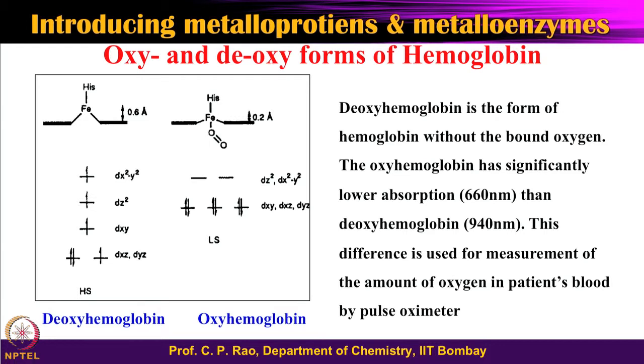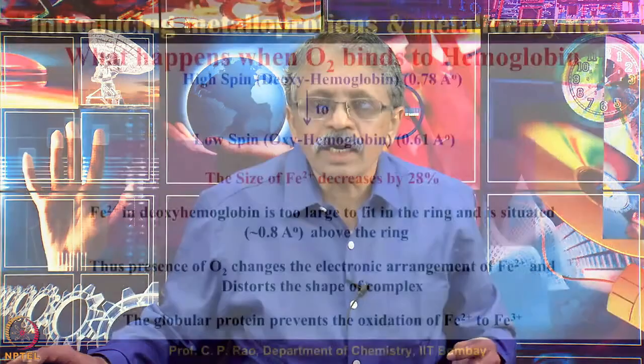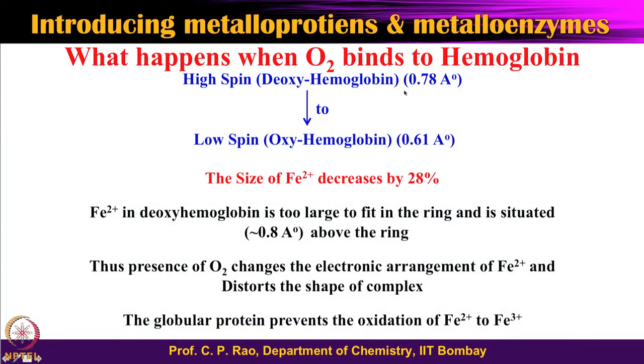Now, you understand that the d6 configuration is high spin in the case of deoxy and low spin in the case of oxy, and I told you to think why the iron is coming closer to the plane in the case of oxy and not so in deoxy. Now, you see the high spin ion, you know how you define the size of an ion.